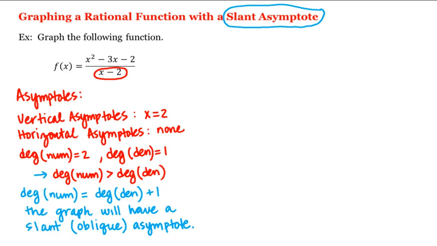So let's divide. x goes into x squared, x times, and x times x minus 2 is x squared minus 2x. And then when we subtract, we have negative 3x minus negative 2x, which is negative x. And then we still have the minus 2.